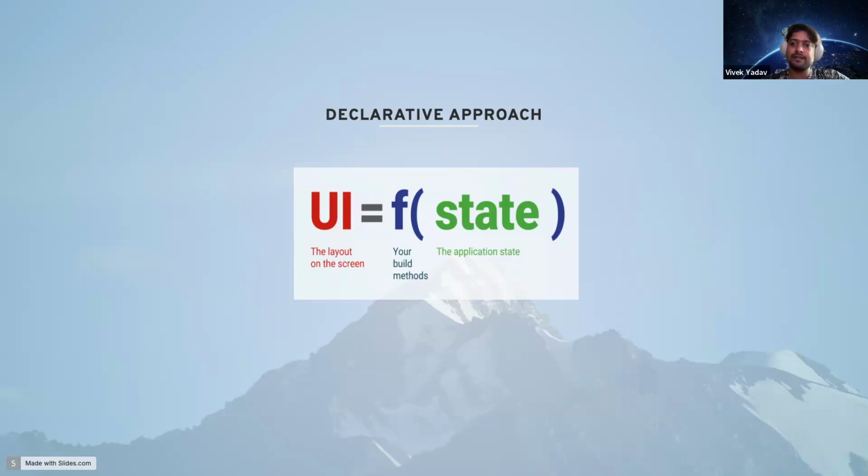So the login page will receive some data, and based on the data, it will give out the UI. If it is in the logged out state, then it will ask us for the email ID or phone number. But if it is in the logged in state, it might ask us to go to the home page, right? So based on different states, we show different data, different UI. And in a nutshell, that's what Flutter is.